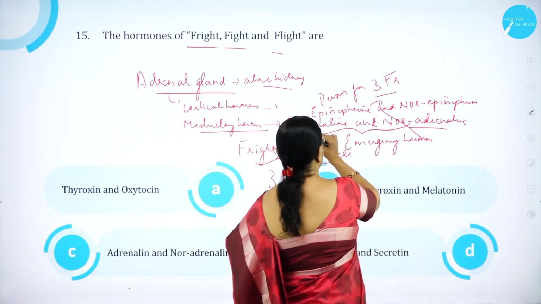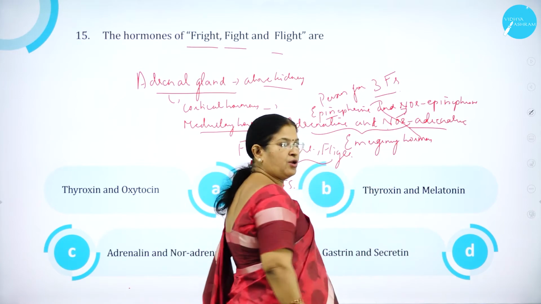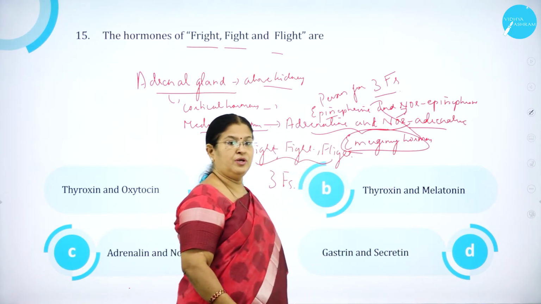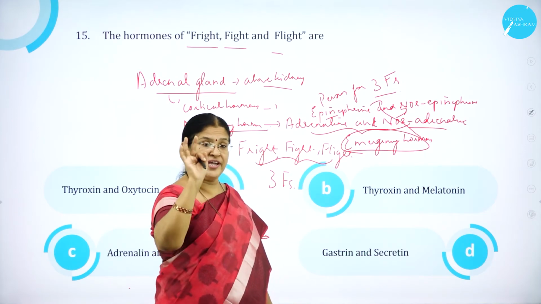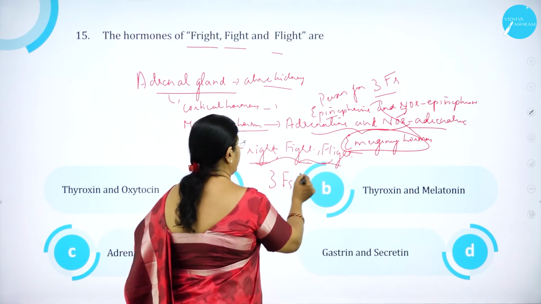Either you can call it adrenaline or epinephrine, noradrenaline or norepinephrine. They are also called emergency hormones. It prepares a person for the 3 F's. What are the 3 F's? Fright, flight, fight.